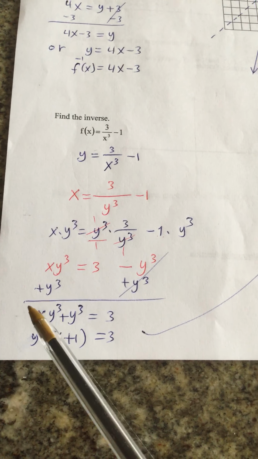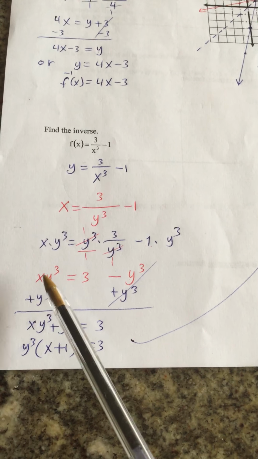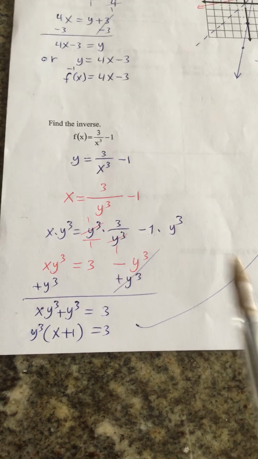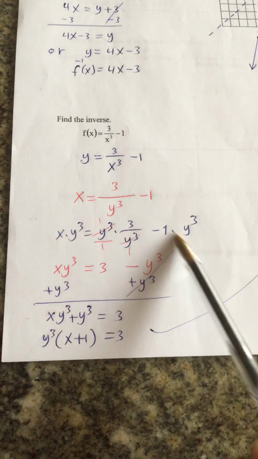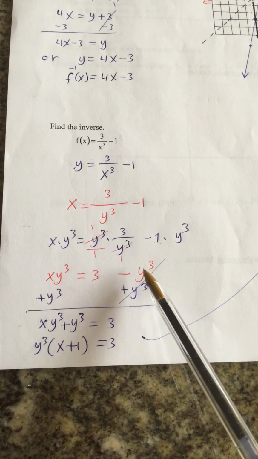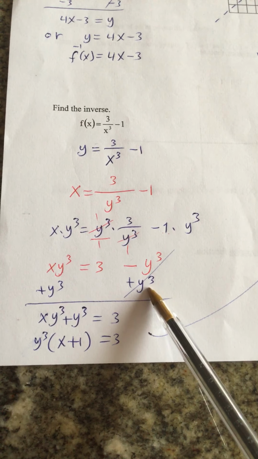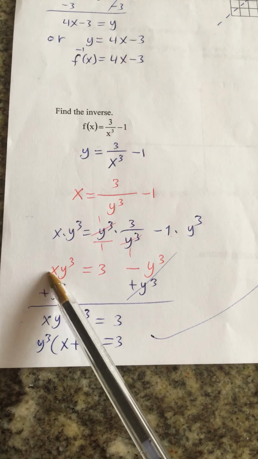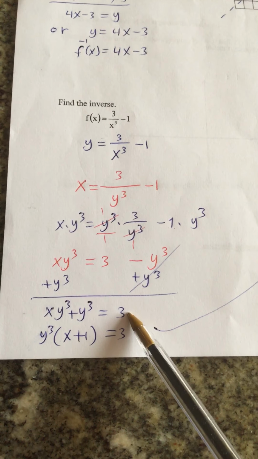So these two terms contain y cubed. Let us add this term to the other side. So add y cubed to both sides. Here negative y cubed plus y cubed is 0. So we get x y cubed plus y cubed equals 3.